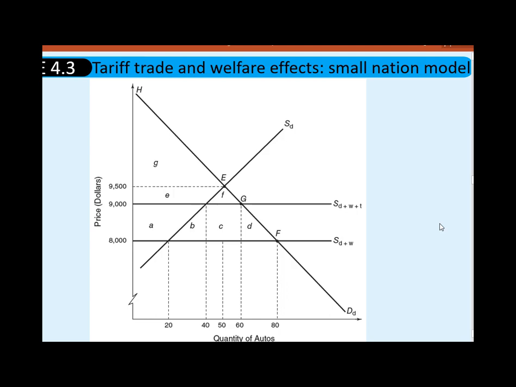We're going to add some assumptions to it. We're going to create an intercept for this domestic demand curve. We're going to set it at 15,000. And we're going to create an intercept for this domestic supply curve. We're going to set it at 4,000. So let's do that by hand.